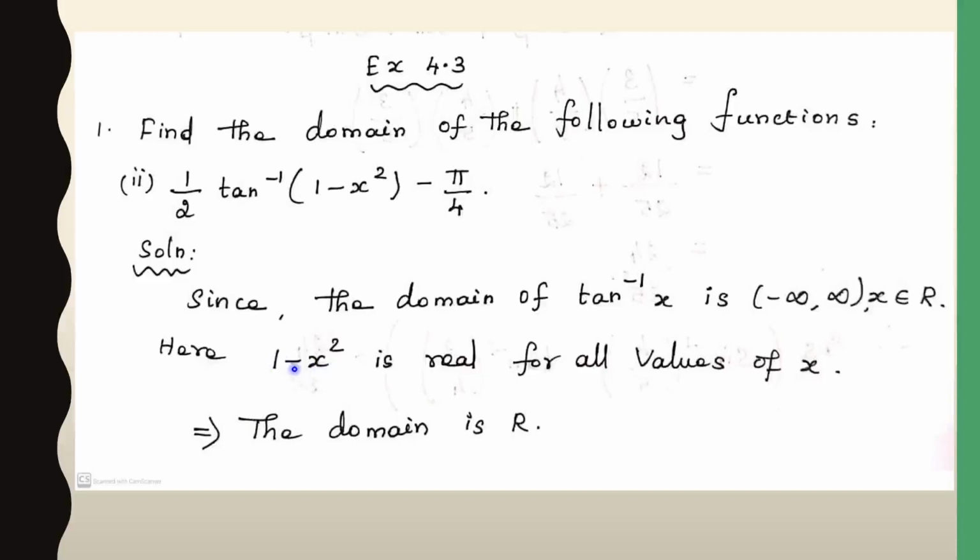So we may get negative values, or 0, or positive values, which is nothing but the real numbers. So here 1 minus x square is real for all values of x. This means whatever number we substitute for x, we always get a real number, which implies the domain is R.